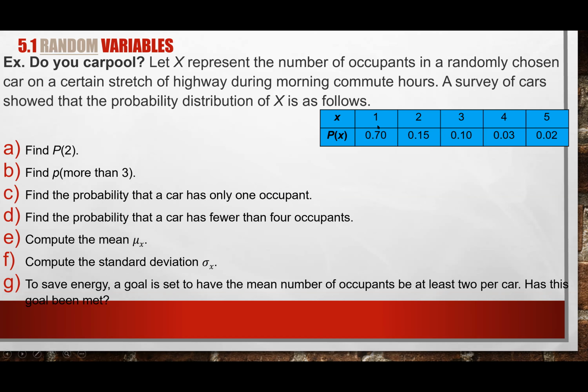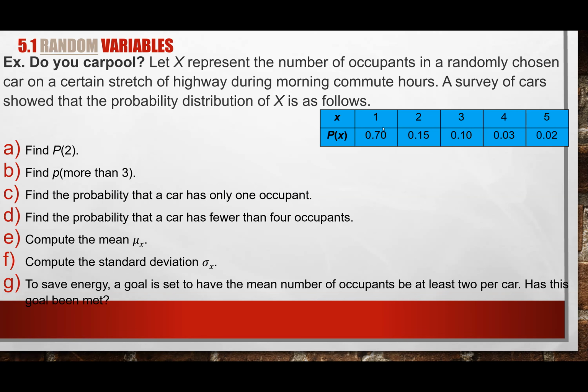The probability of 1 person is 70%. The probability of 2 people is 15. The probability of 3 is 10. And as you can see, the more people, the less the probability. So it's not symmetric. It is skewed to the right, with more of them at the one level.